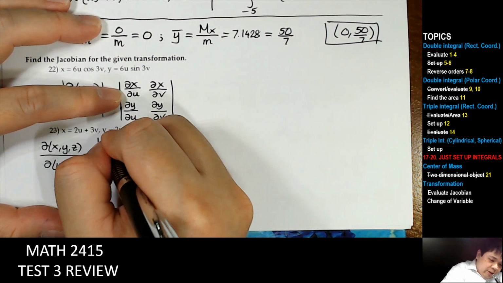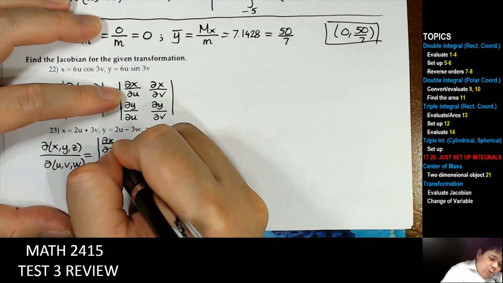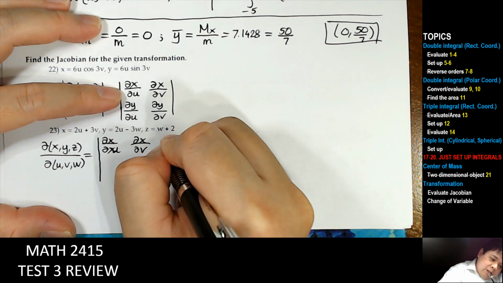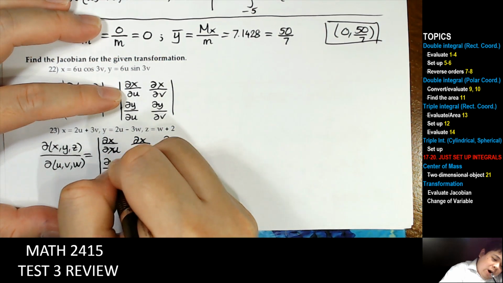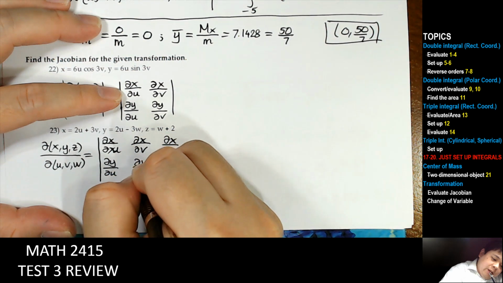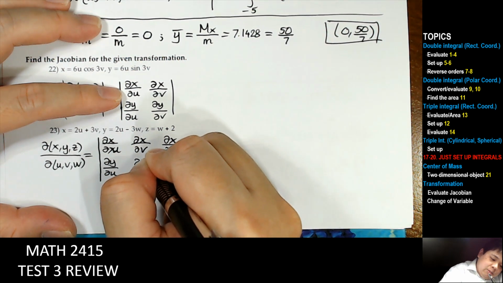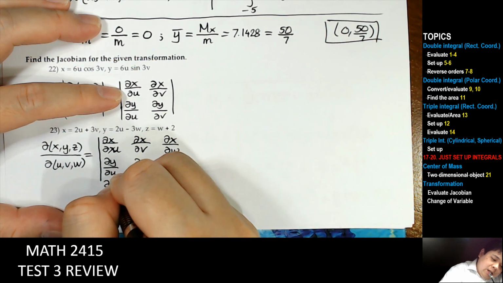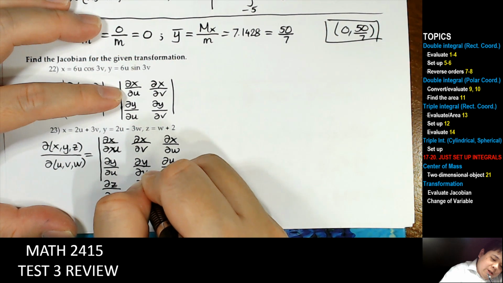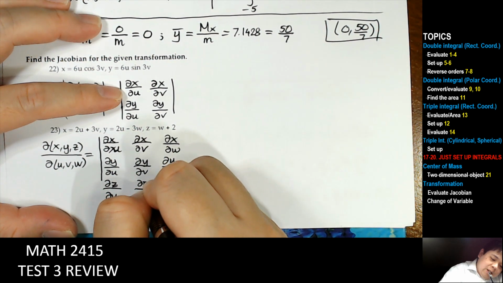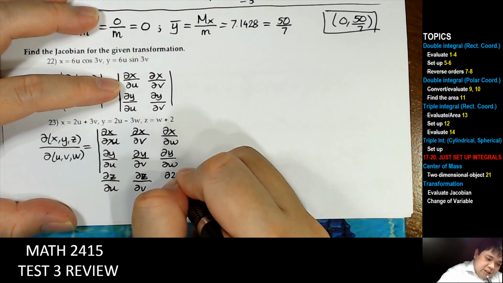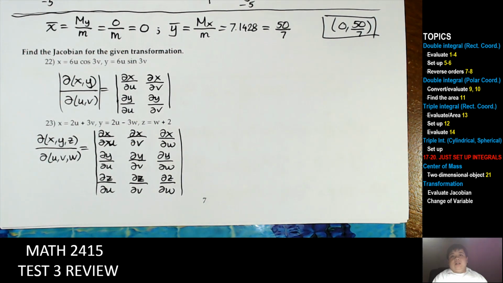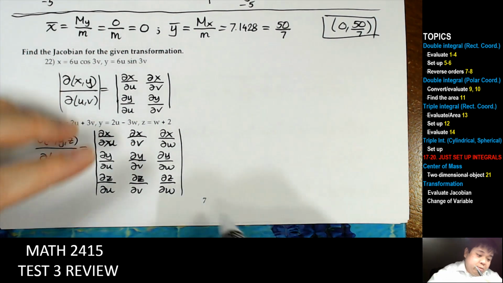So first we have the derivative of x with respect to u, v, and w, of y with respect to u, v, and w, and of z with respect to u, v, and w. So we have x, y, z, the dependent variables, over the independent variables.